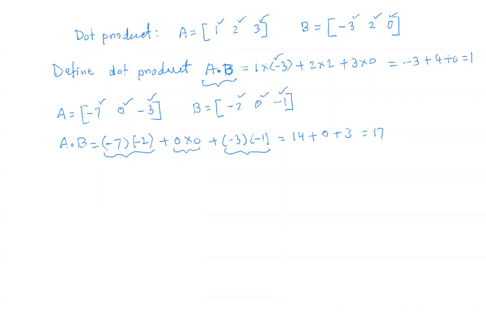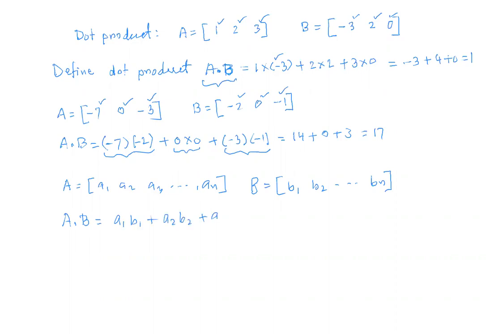Now I'm going to formalize it a little bit. If A is A1, A2, A3, dot, dot, dot, An, and B is B1, B2, dot, dot, dot, Bn, then A dotted B is going to be A1 B1 plus A2 B2 plus A3 B3 plus dot, dot, dot plus An Bn.